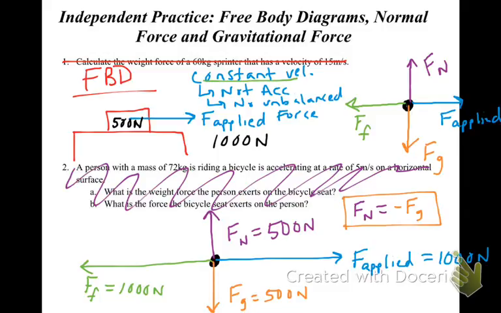And we can state that our force applied is equal to our negative frictional force. Now, where did I get the negatives? That's just depicting that it's moving in the opposite direction. Our free body diagram already depicts that.